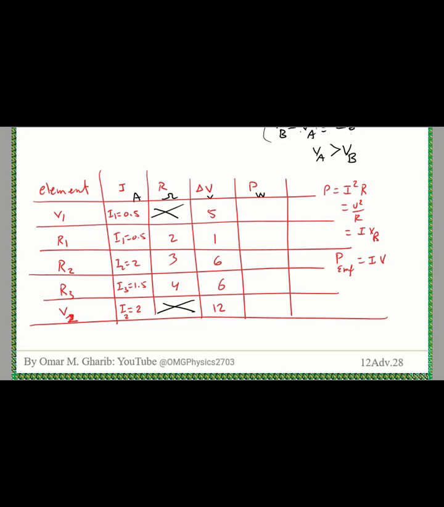Now, for the first one, I times V, 1.5 times 5, it's 7.5. For the R1, 0.5 times 1 is 0.5. 2 times 6, 12. 1.5 times 6, 9. 2 times 12, 24.